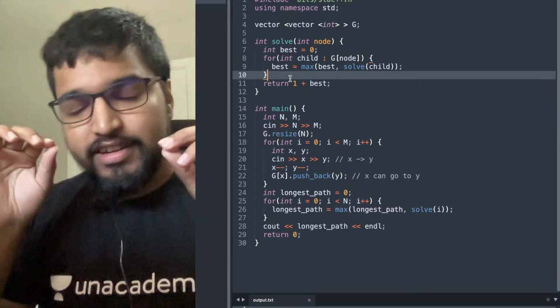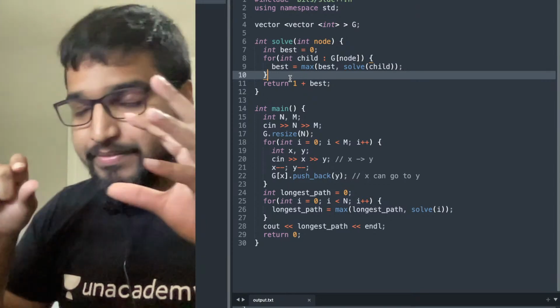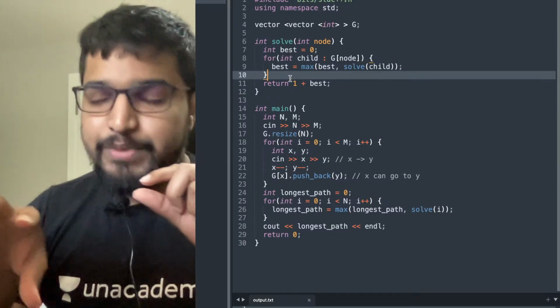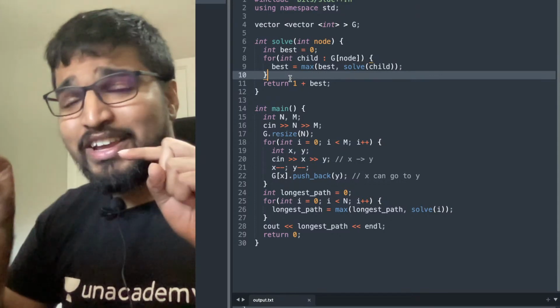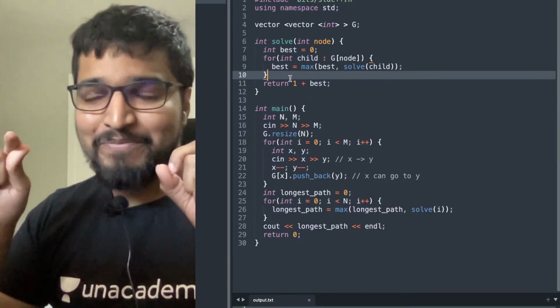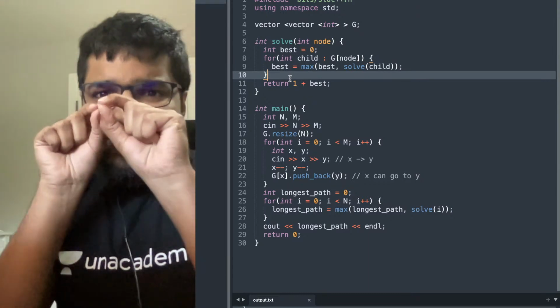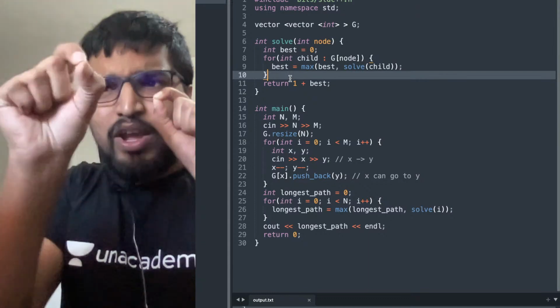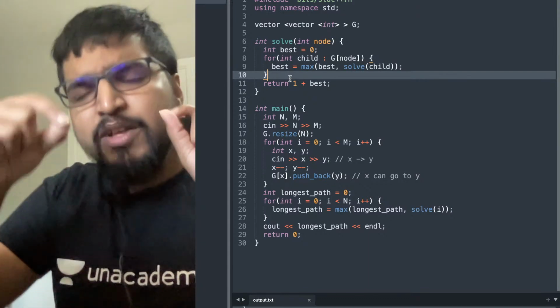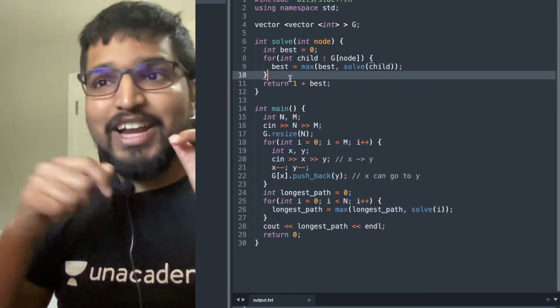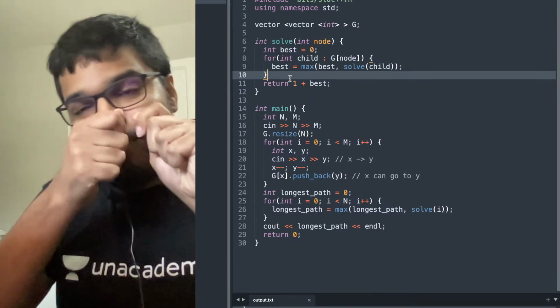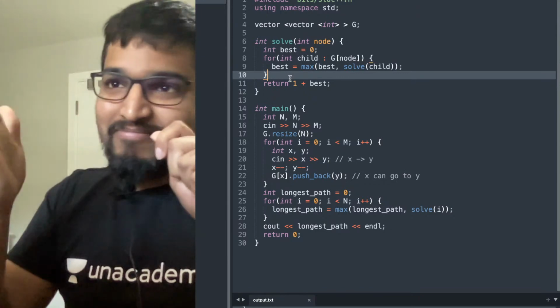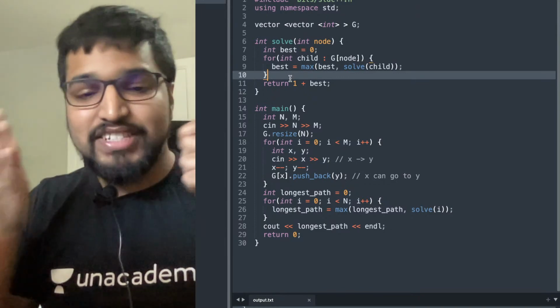Because if every node had at least one outgoing edge, then you would have a cycle. Say we start from one node, we keep going along one outgoing edge to the next node. We can't keep going infinitely, because if we did, we'd arrive at the same point again, and that would mean you have a cycle.